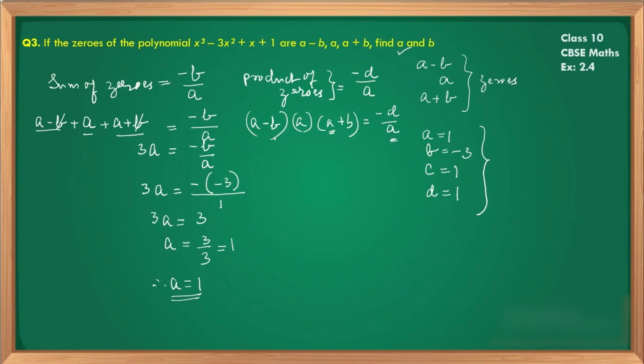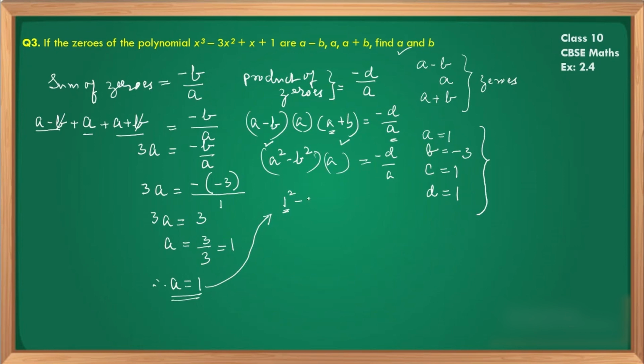This is the unknown number, this is a zero and this is the coefficient. Now we will simplify this. We know a minus b is one and a plus b is another one, and this follows a square minus b square into a. Now we substitute the values in all these cases. a square is 1 square minus b square.